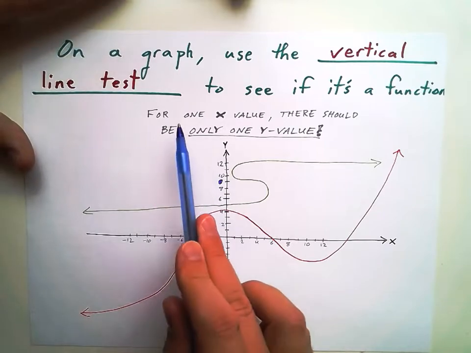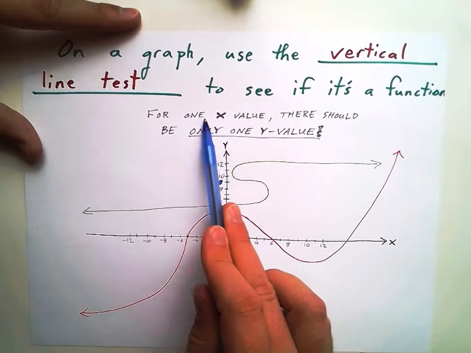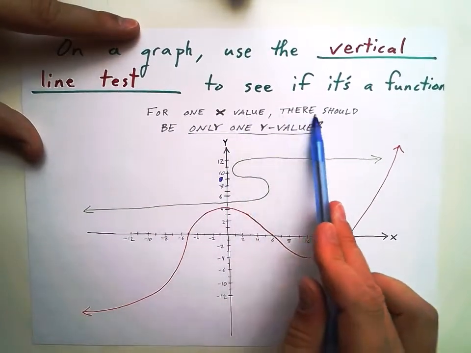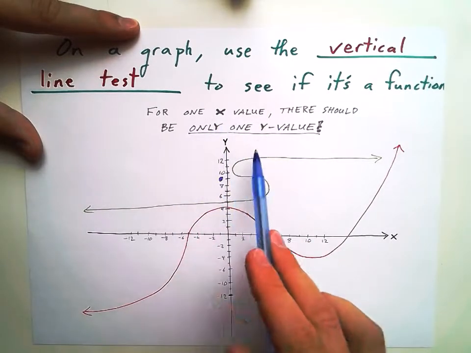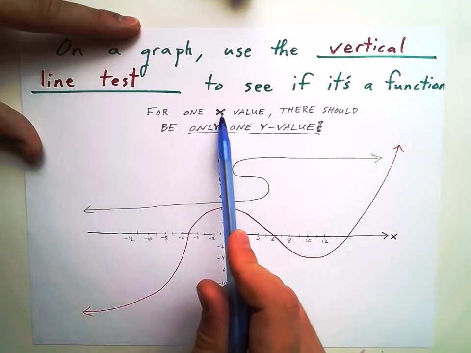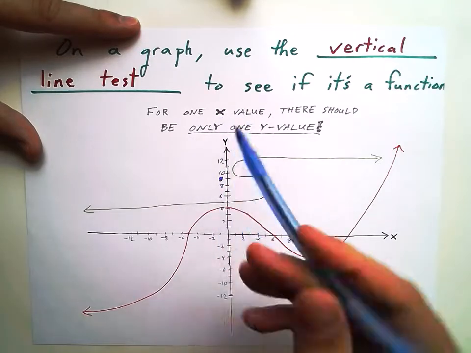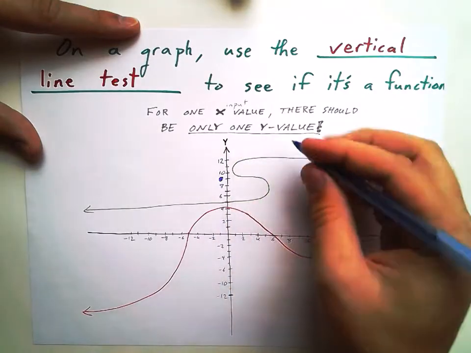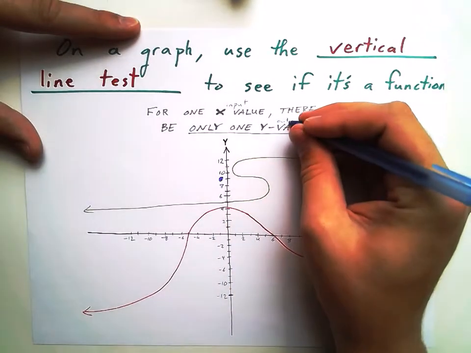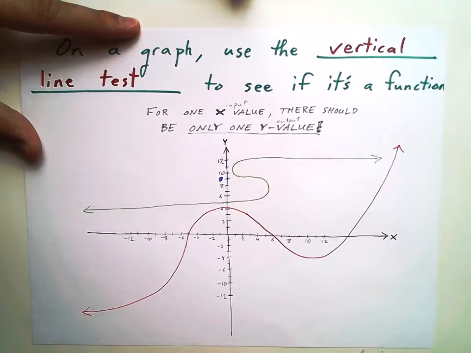On a graph, that means for one x value, there should only be one y value. Or that's just for any x and y equation. For one x value, that's the input, there can only be one y value, which is the output.